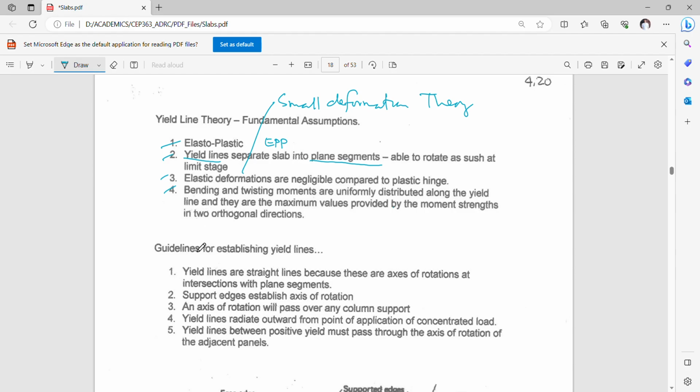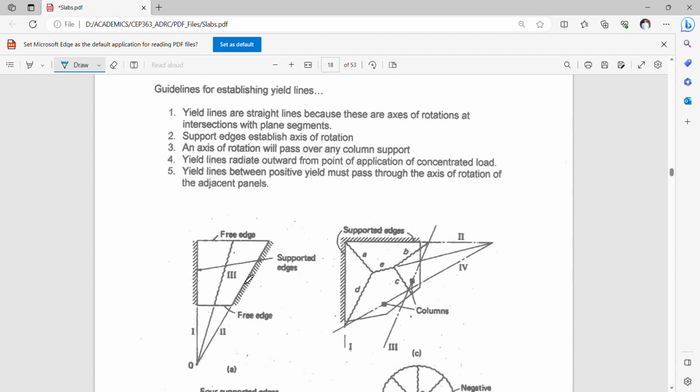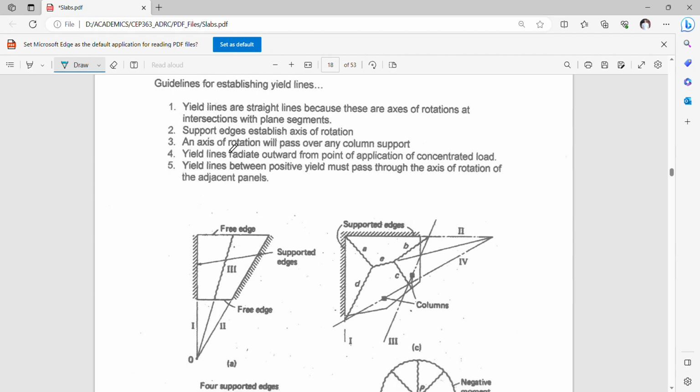So for the guidelines for establishing yield lines, we have five. I want you to take a look at the video here below. For number one, yield lines are straight lines, because these are axes of rotation at intersections with plane segments.